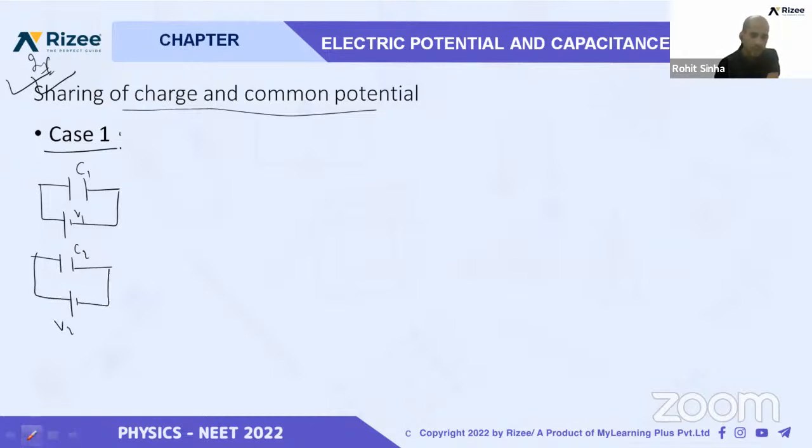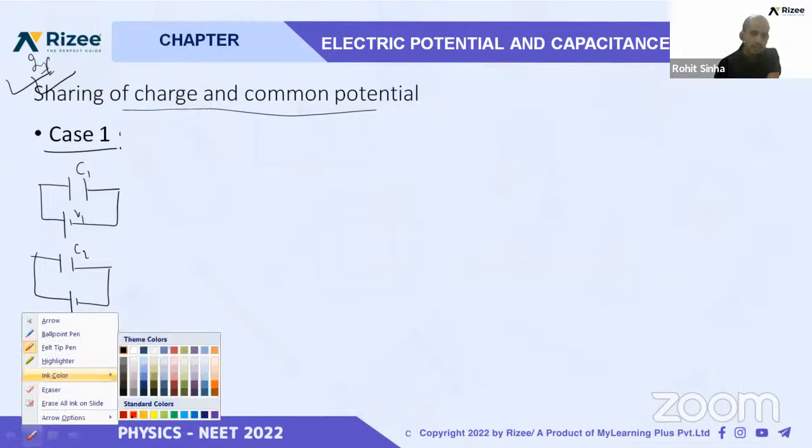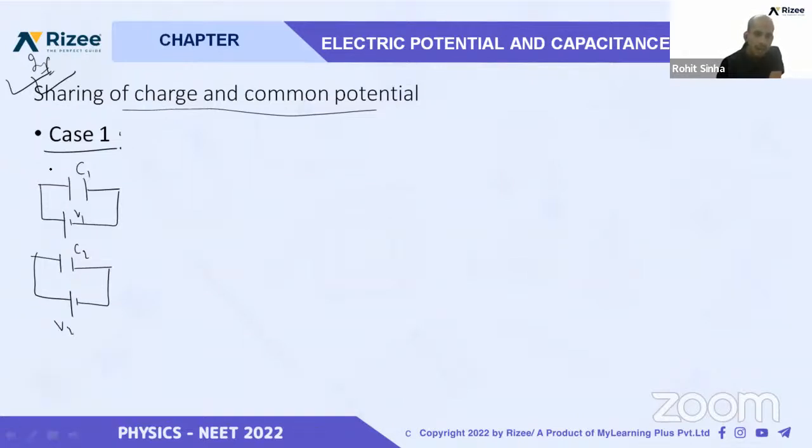After full charge, the first will have Q1 equal to C1V1, and the second will have Q1 dash equal to C2V2. When the two capacitors are charged, this plate has positive charge, Q1 equal to C1V1.